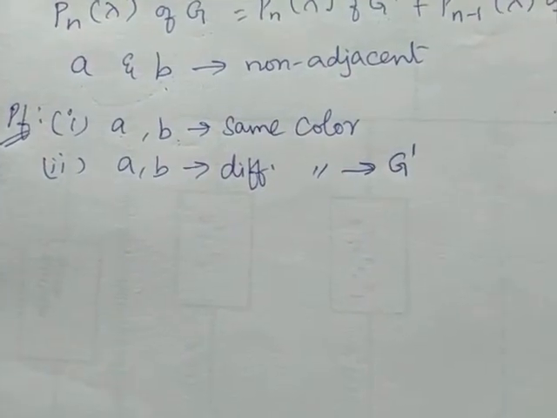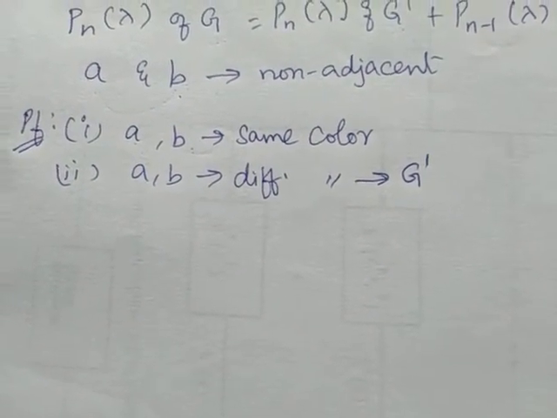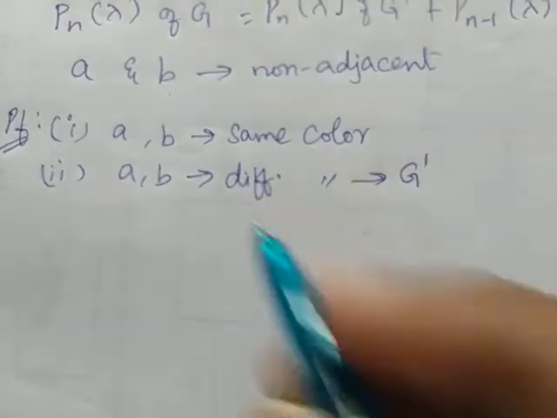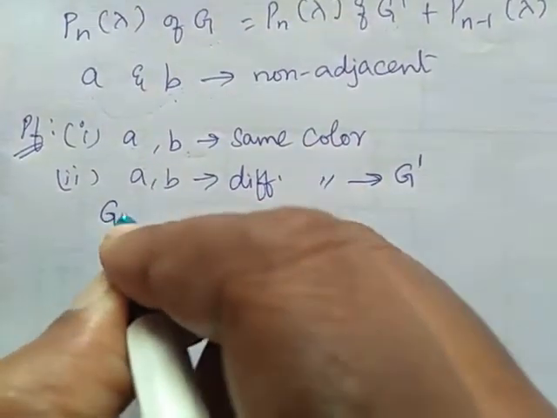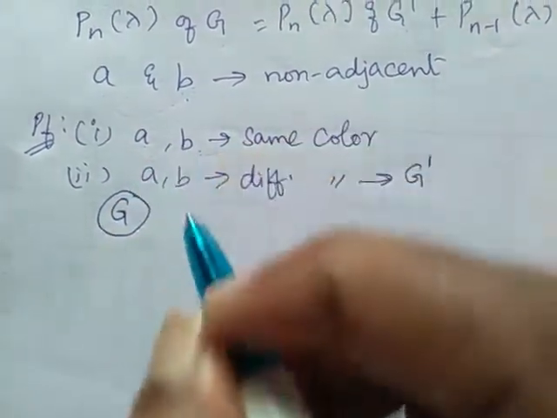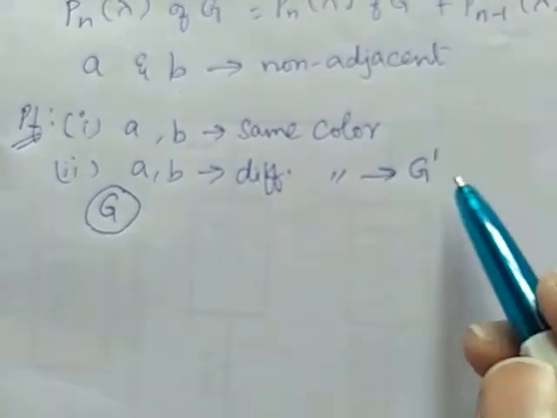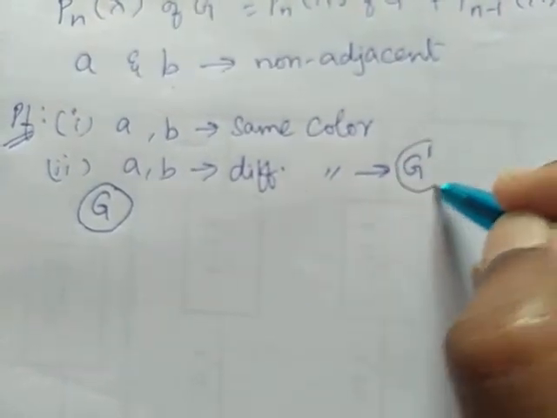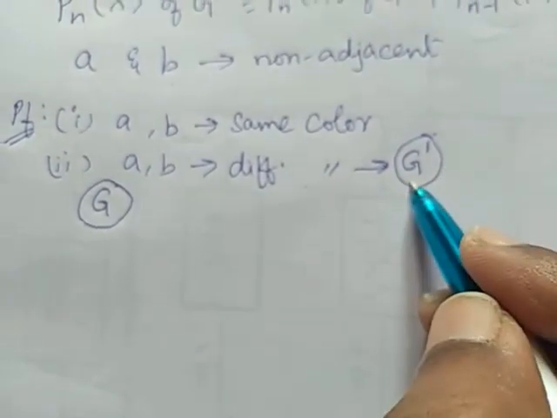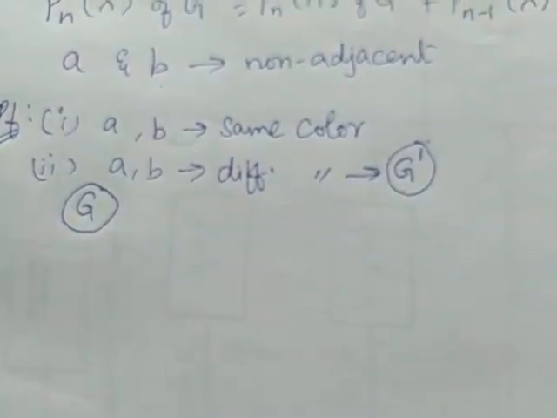I repeat, the number of ways of properly coloring G such that A and B have different colors is equal to the number of ways of properly coloring G dash, because in G dash the vertices are adjacent to each other.